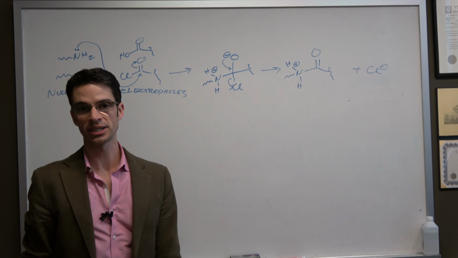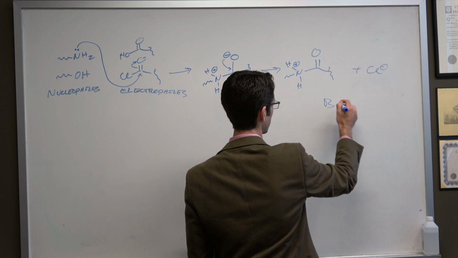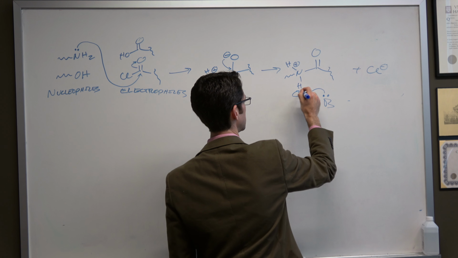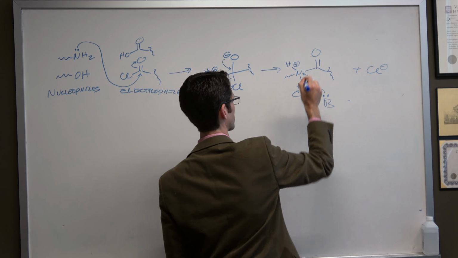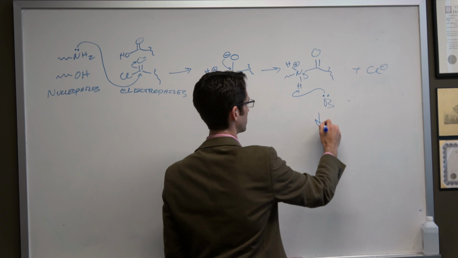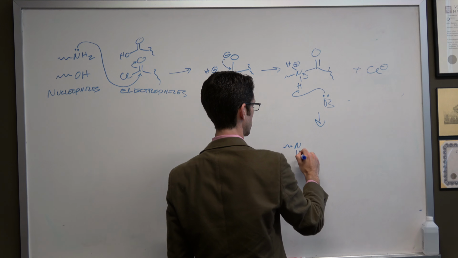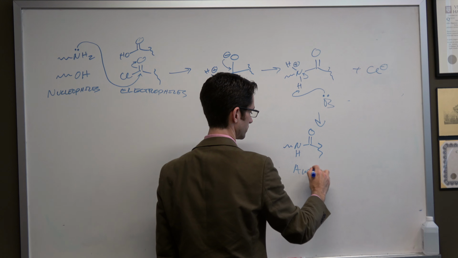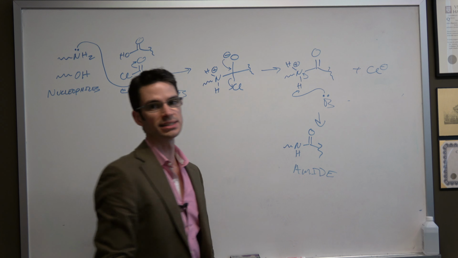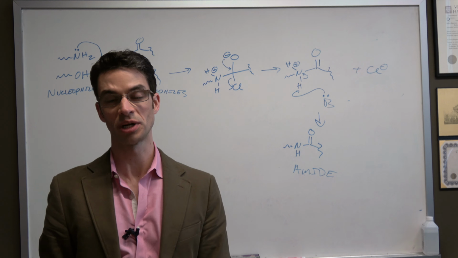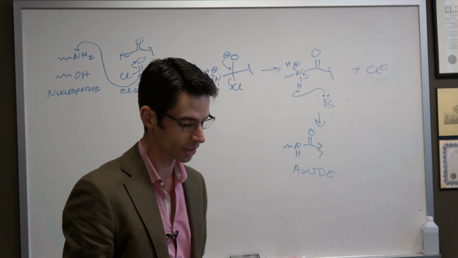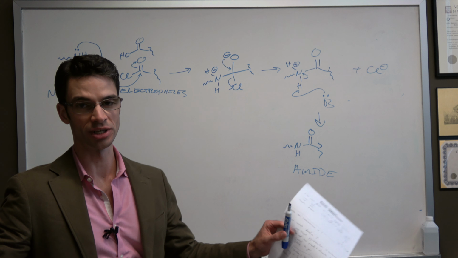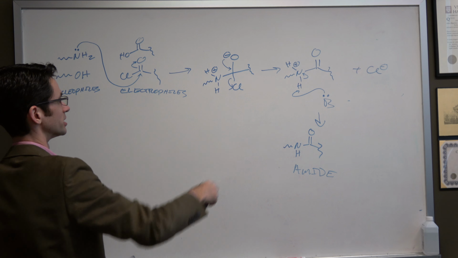Now, usually in this reaction, you need some kind of base hanging around, and the base takes off this proton, and the electrons satisfy that charge, and then you get the amide. And all of these carbonyl substitution reactions work pretty much the same way. But you don't need to know any arrow pushing or anything for the exam. This is just what's going on.